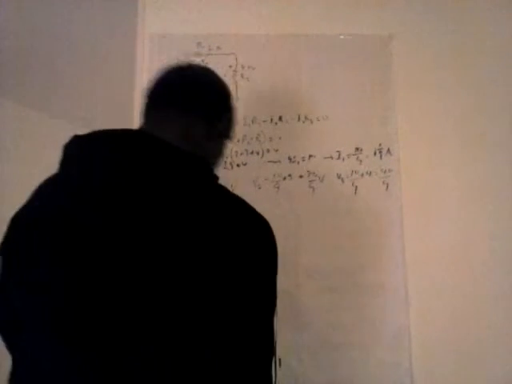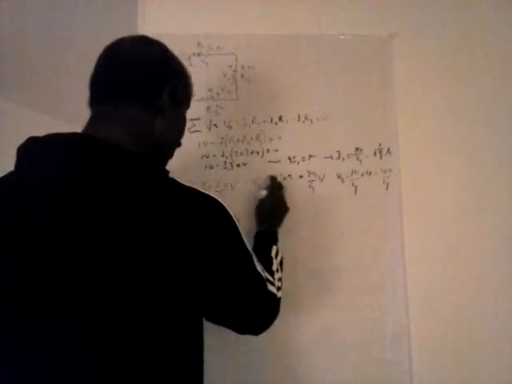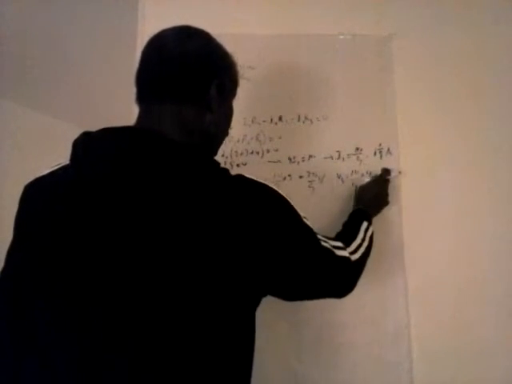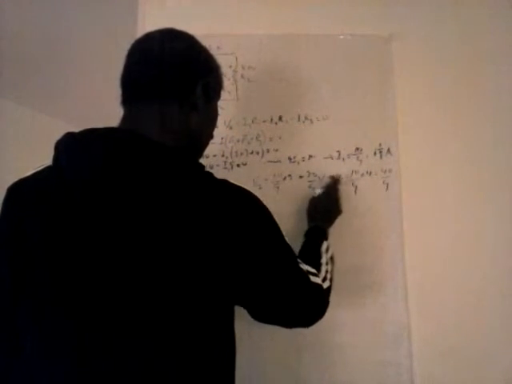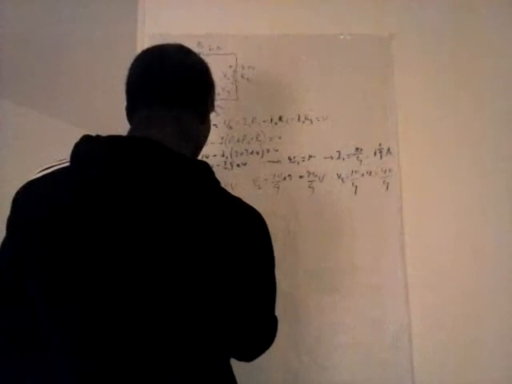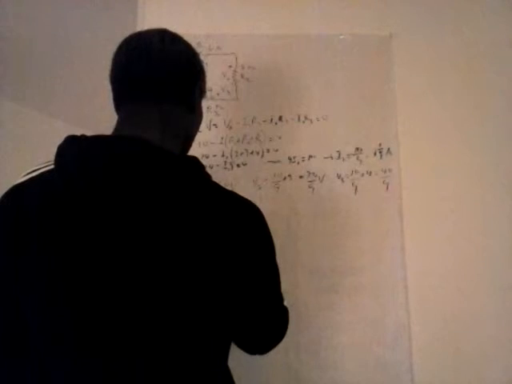The sum will be 20 and 30 and 40, 90 over 9, which is equal to 10.